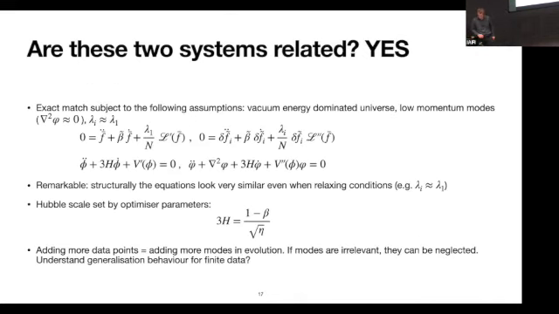Now, if you compare them with what you have on the cosmology side of things, they look a little bit different, but they are still nevertheless similar. And they are similar when, again, going into certain limits.